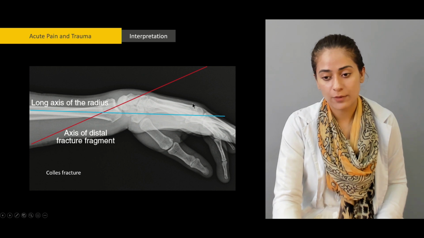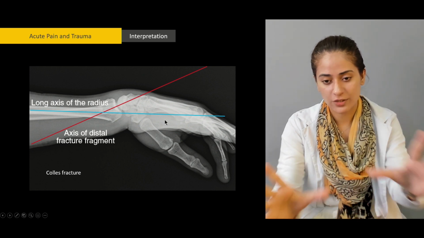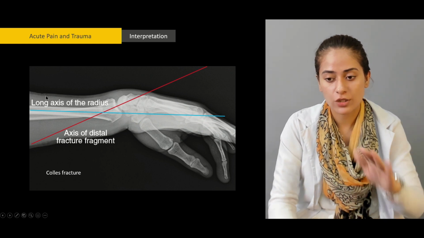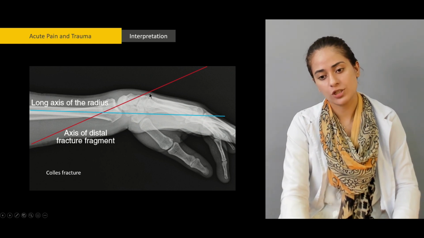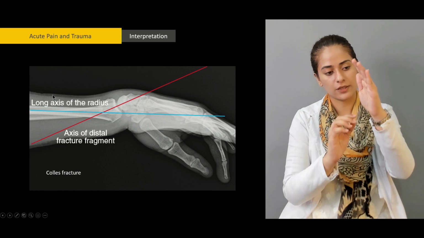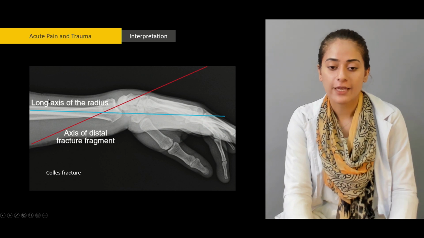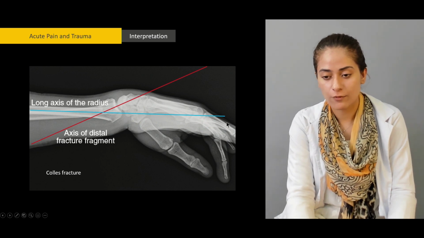So this is a perfect description of the thing that I was trying to explain. So dinner fork is the shape of a dinner fork, right? I wish I had a fork right now, but just imagine a fork and then look at this. So this is the fork-like presentation here.